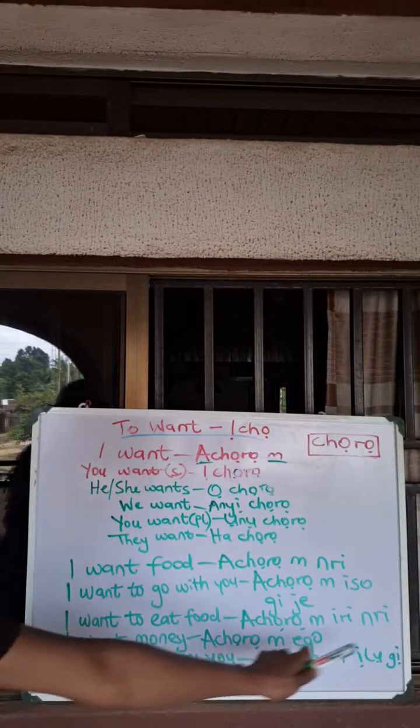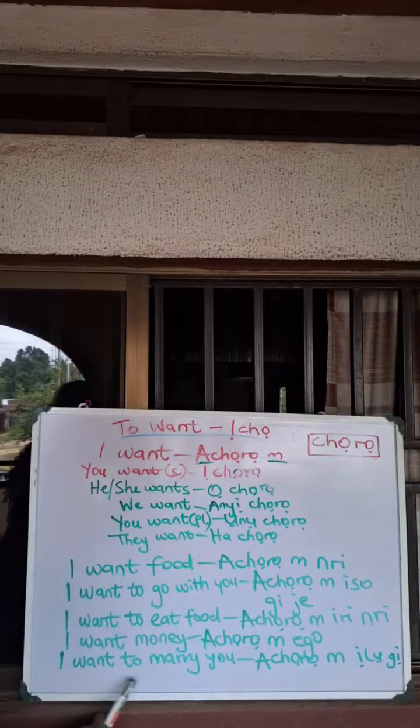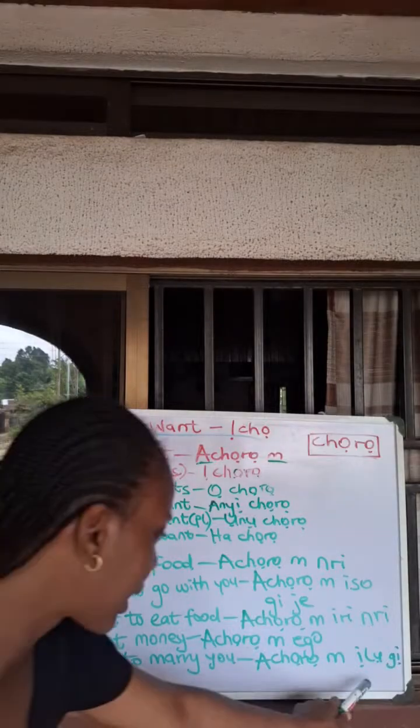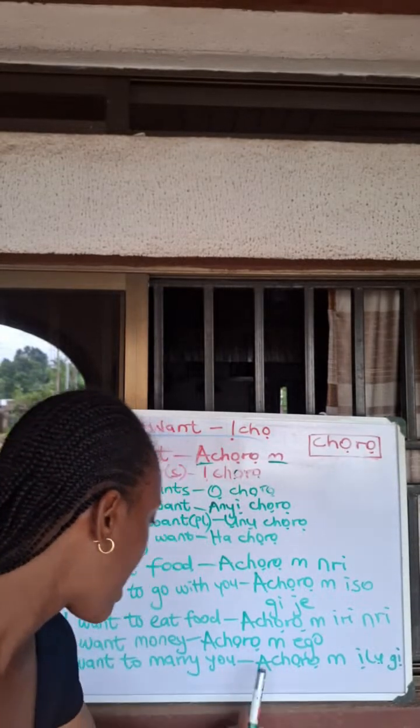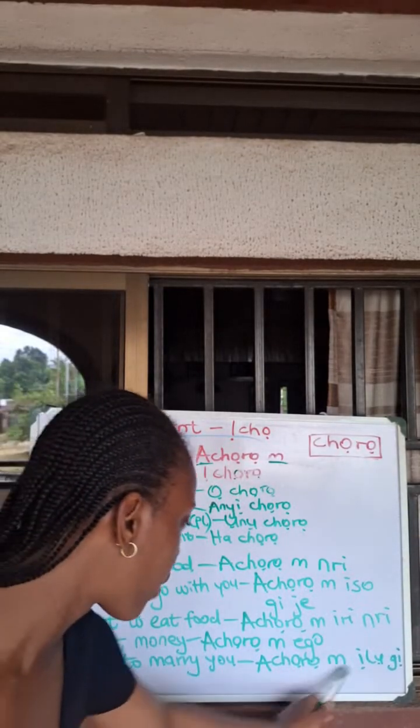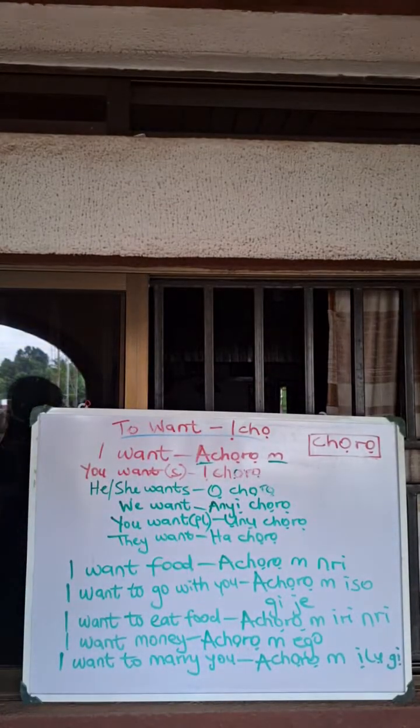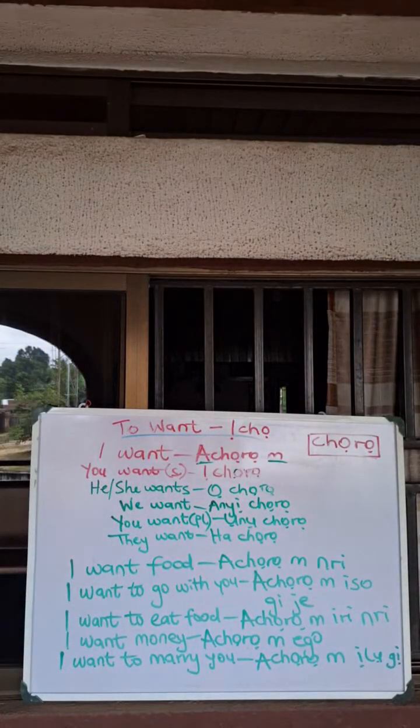So you is gị. Achọrọ m, to marry, ịlụ. You can see it started with I. I want to marry you. Achọrọ m ịlụ gị.